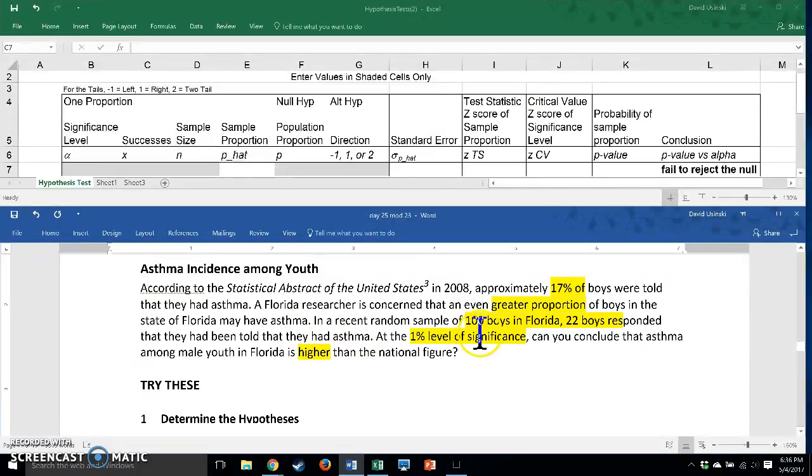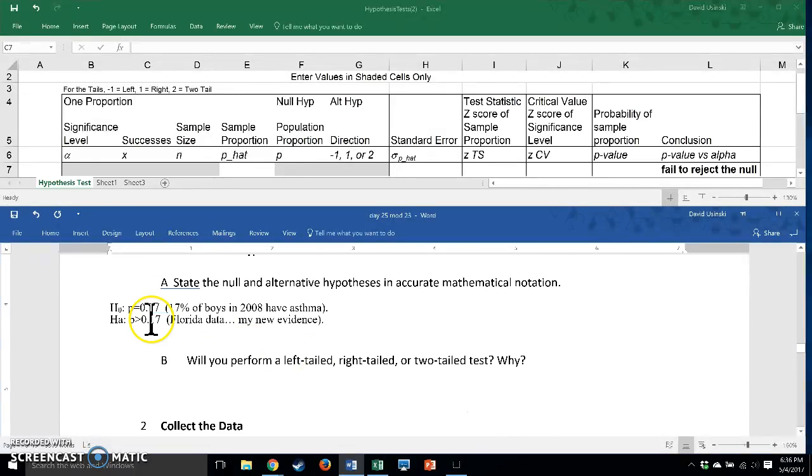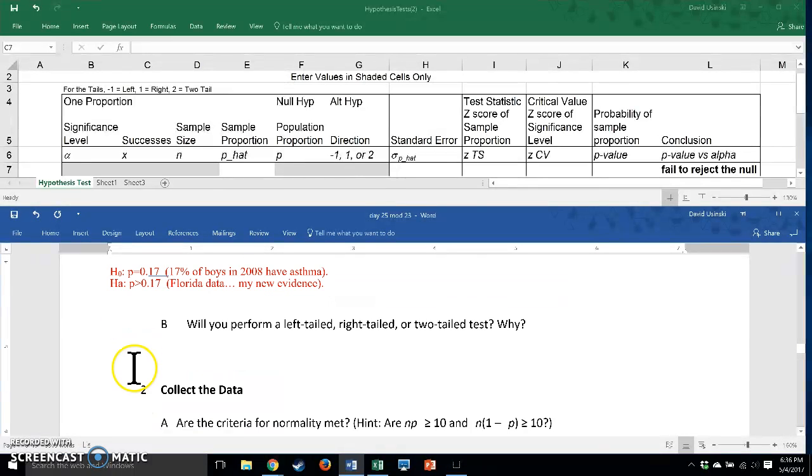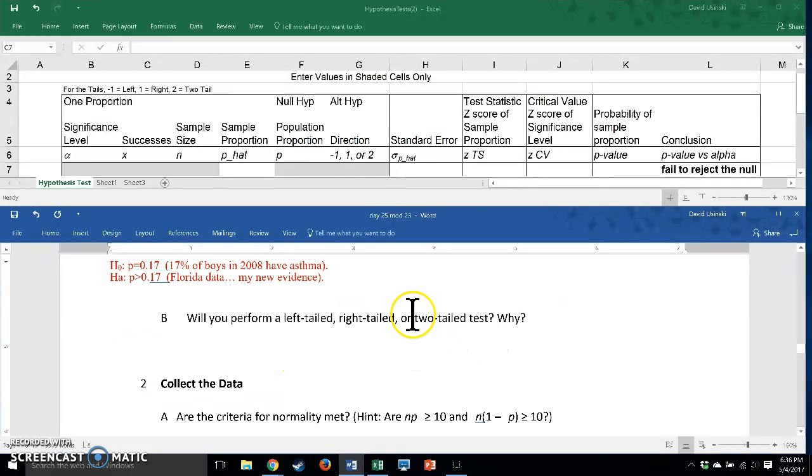And how many do we have? We have 22 out of 100, so that's about 22%. Okay, next. Will you perform a left, right-tailed, or two-tailed test? So we are doing a right-tailed, and that's because we are looking at greater than.